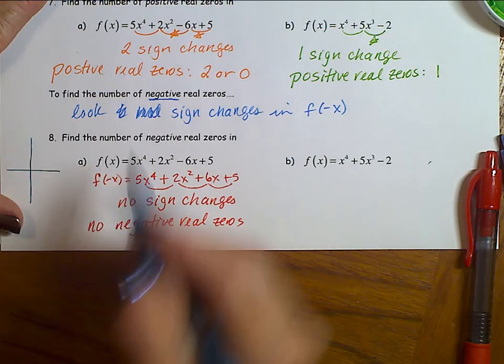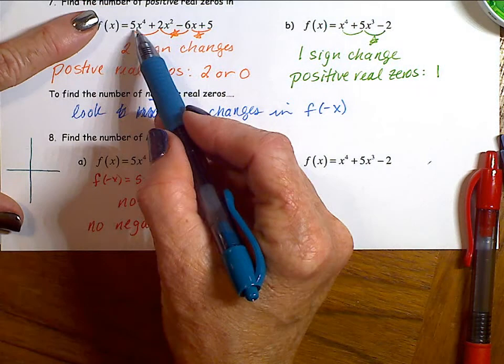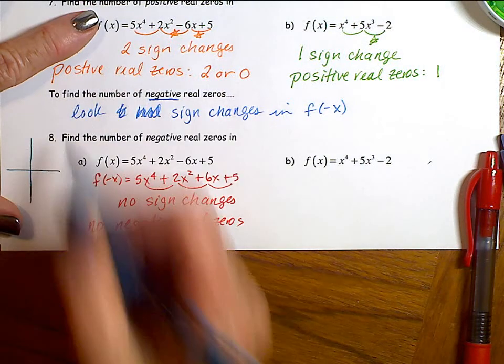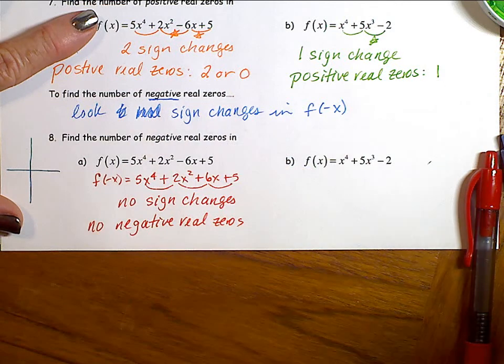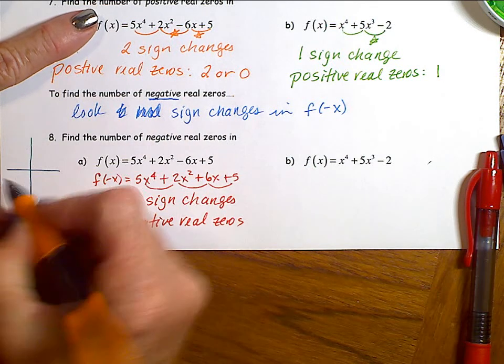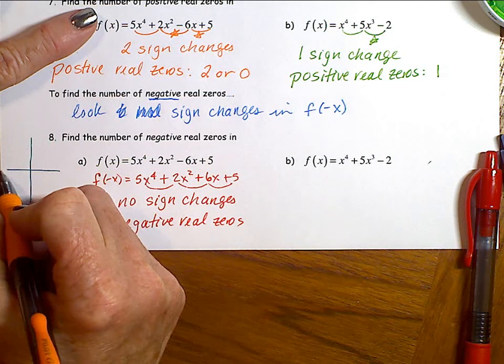It's a degree 4, positive leading coefficient, both ends up. It says there are either 2 positive real zeros and no negatives, so it's not going to hit the x-axis down here.